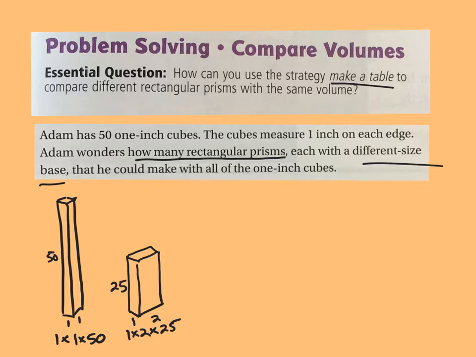So what other base could I use? How about a 1 by 5? What would that look like? All right, please excuse my very quick drawing here. So 1 times 5 times what is 50? Oh, that would be 10.